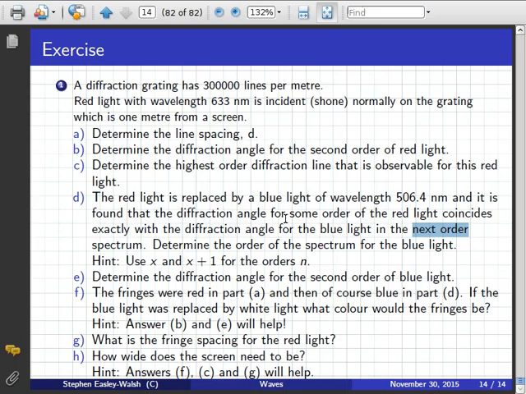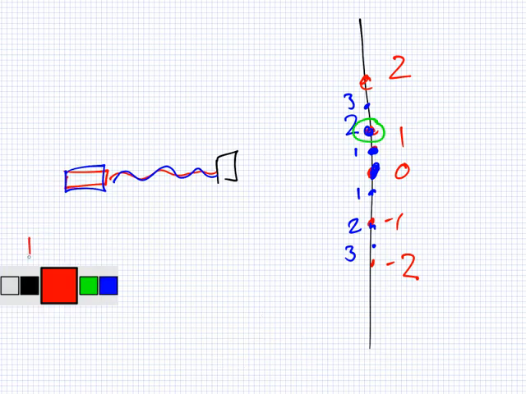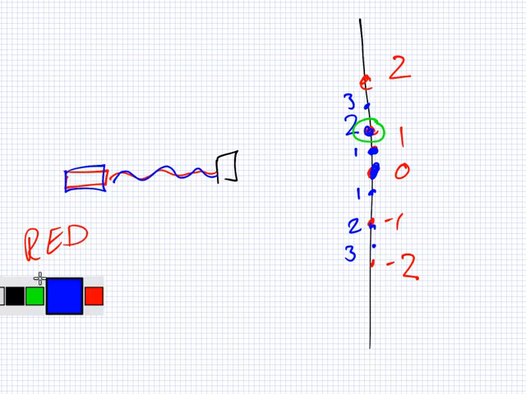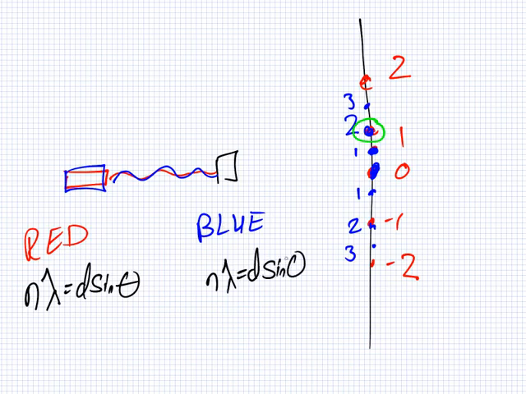Right, let's have a look at this. So you know for the red, n lambda equals d sine theta. And you know for the blue, n lambda equals d sine theta.